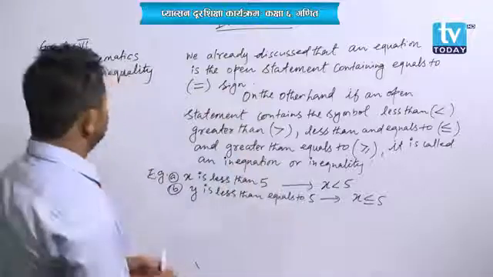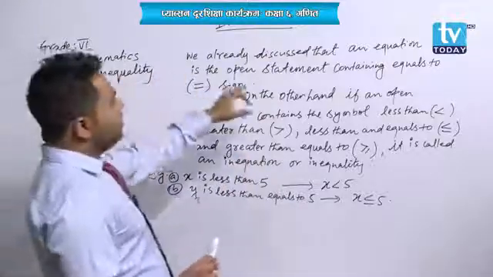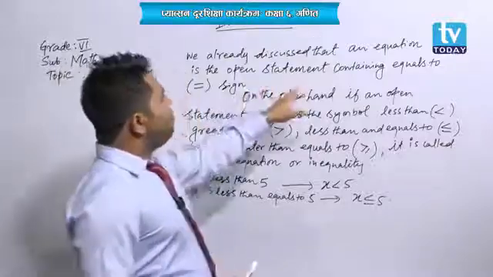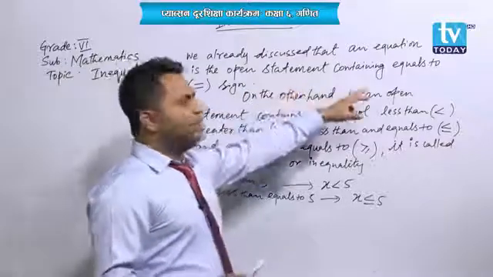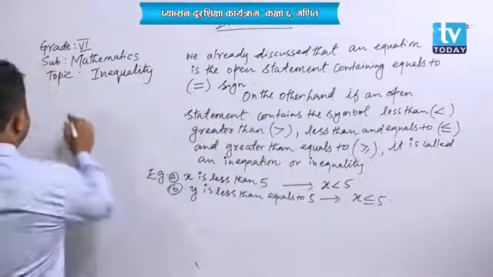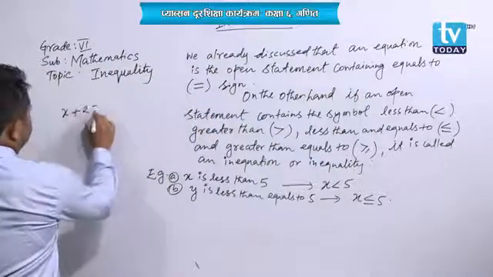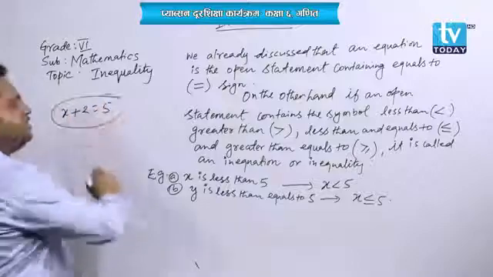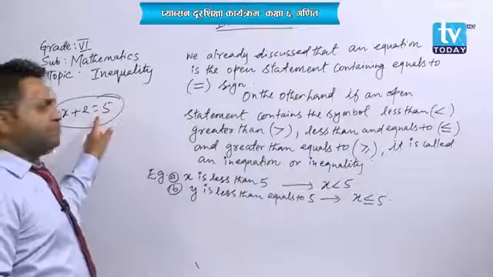We already discussed that an equation is an open statement containing an equals to sign. Is that clear? Like x plus 2 equals 5. This is an equation because there is an equals to symbol.